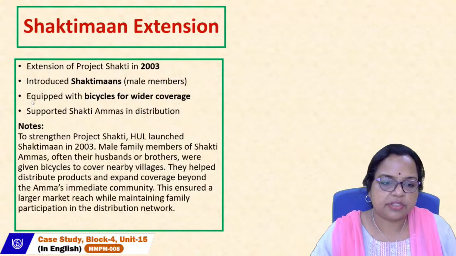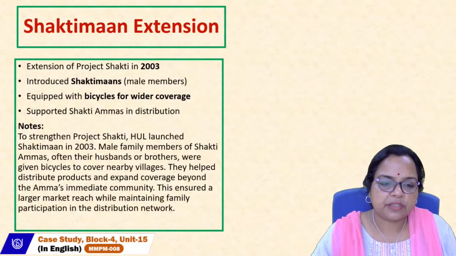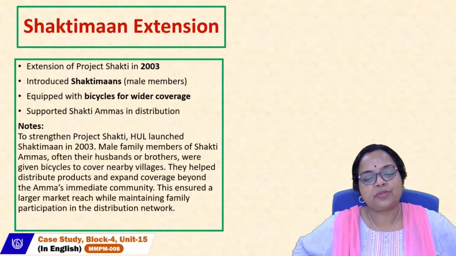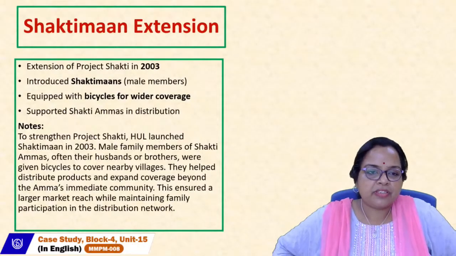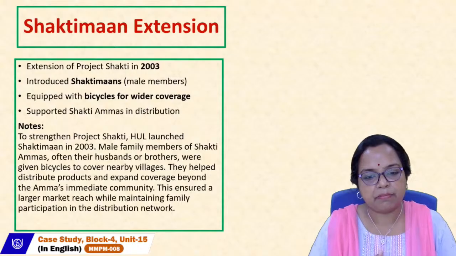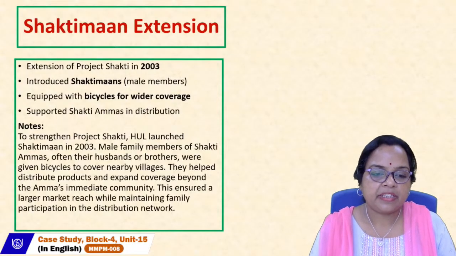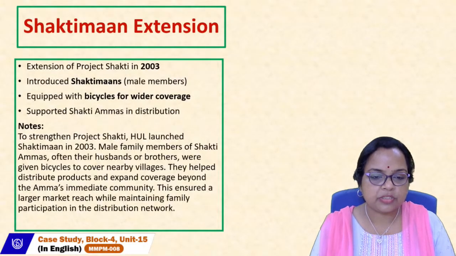Shakti Amma's extension. To strengthen Project Shakti, HUL launched Shakti Man in 2003. Male family members of Shakti Ammas, often their husbands or brothers, were given bicycles to cover nearby villages. This is an extension of Shakti Ammas, and the name was Shakti Man, where the company started involving the male members by encouraging them to sell their products.